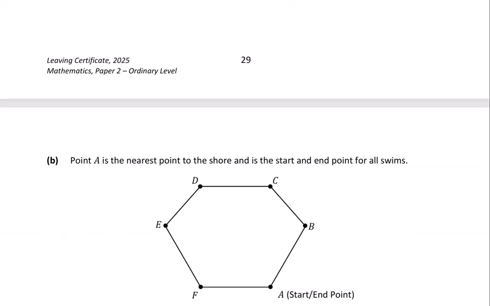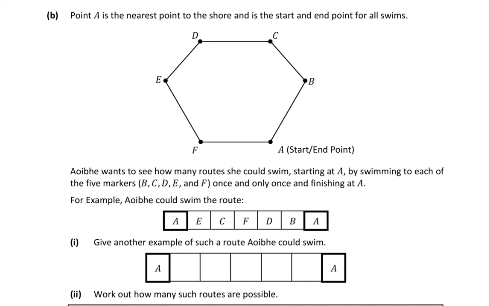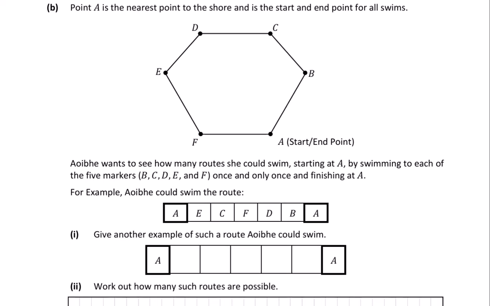Okay, so next one. Point A is the nearest point to the shore and is the start and end point for all swims. Ava wants to see how many routes she could swim starting at A by swimming to each of the 5 markers B, C, D, E, F once and only once, and finishing at A. So she could do from A to E, then over to C, then to F, then to D, and then back to A again.